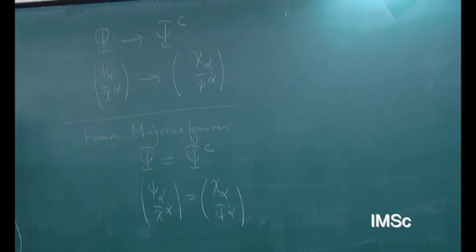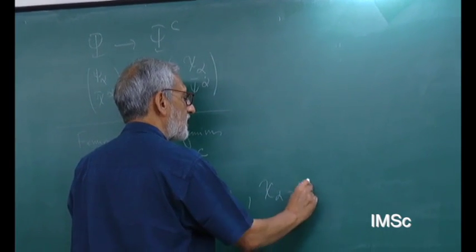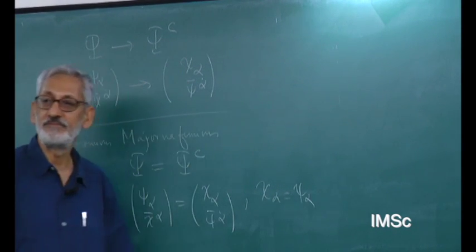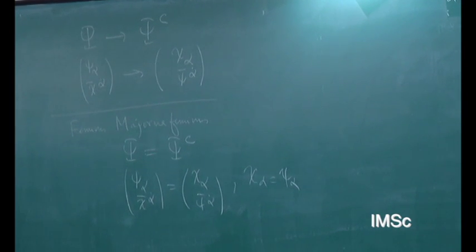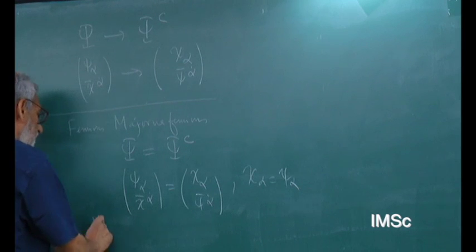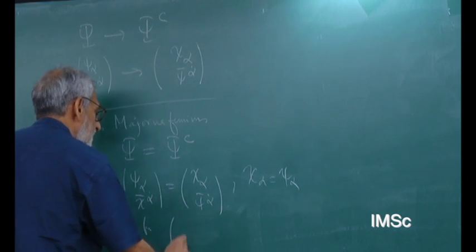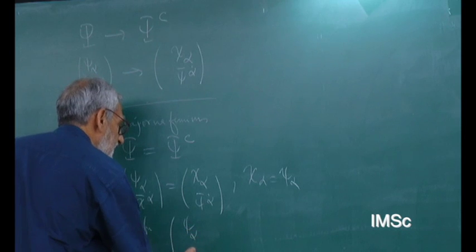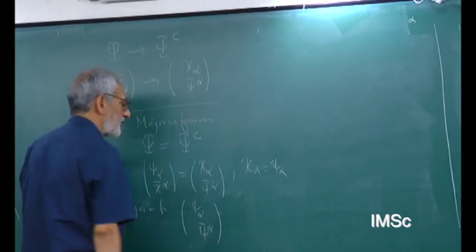So for a Majorana fermion under charge conjugation, what does that tell me? That the Majorana fermion chi alpha is the same as psi alpha. So a Majorana fermion is psi alpha with the same psi, and then take a complex conjugate.